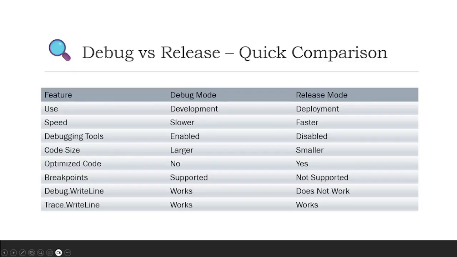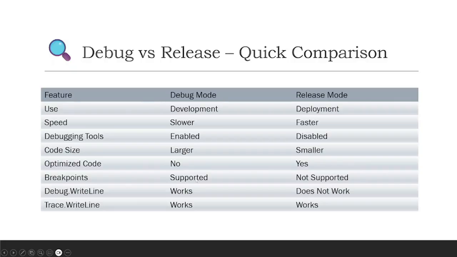Code size will be larger in debug mode, because lots of lines are added for providing debugging information. So the code size of debug mode is large and release mode is smaller. Optimizing code, obviously if the code is large, the optimization in debug mode is no, and release is yes.